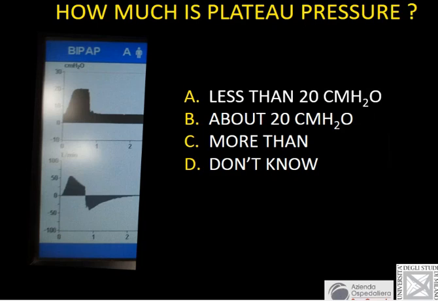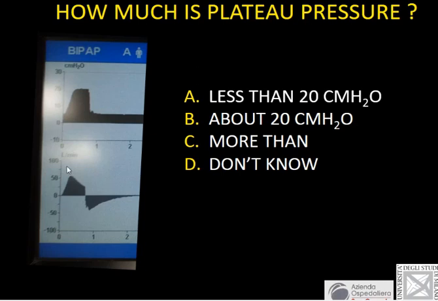We only have 7 minutes left, so what do you think the answer here is? Sorry, the light is a little bit on the spot, but basically this is 30 centimeters of water, 20, 10, and 0. So this is pressure control ventilation, okay?